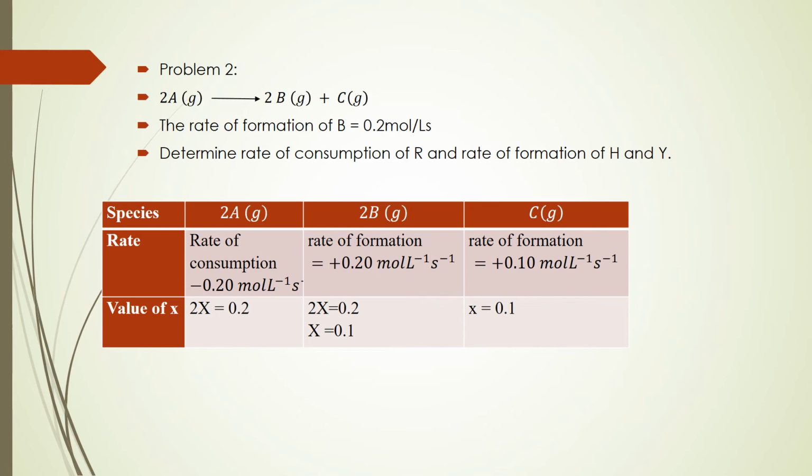Now for A, we have 2 moles of A. So the rate of consumption of A is negative 0.2 mole per liter second, because we have 2A, which equals 2x equals 0.2. Basically, this is the method that we can use to calculate for A and C if we are given the value for B.